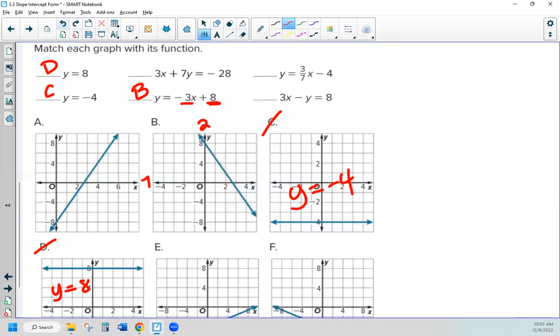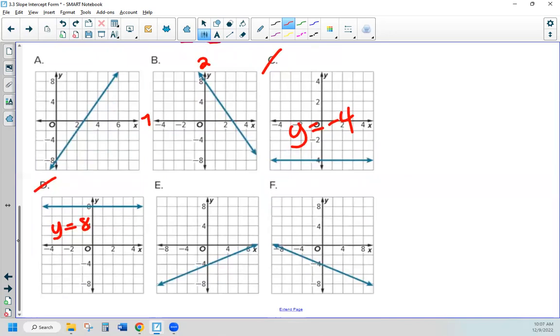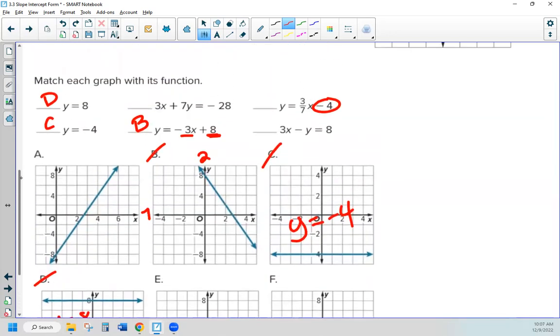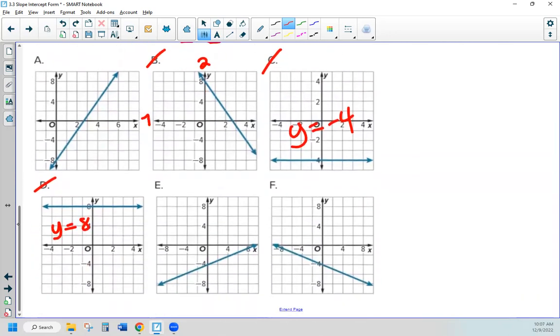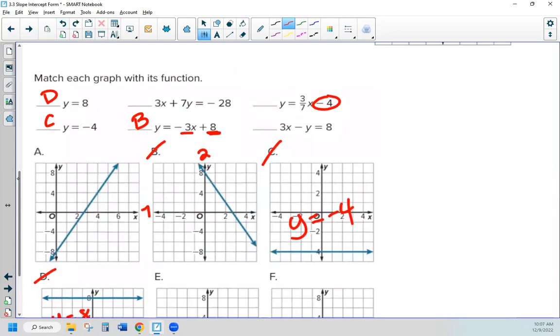All right, next, I'm going to go ahead and look for the one that has a y-intercept of -4. Now, I have 2 options here. I already put this one as B. Let me make sure I didn't make a boo-boo. Okay. I got 2 options that have a y-intercept of -4, but notice that your slope is positive. So I'm not going to stress counting it right now.